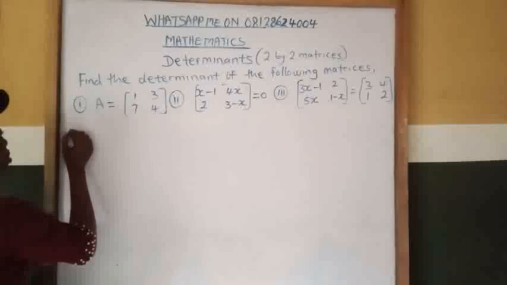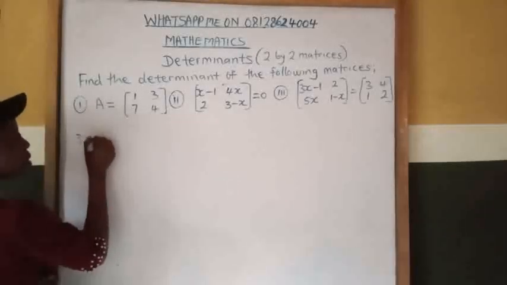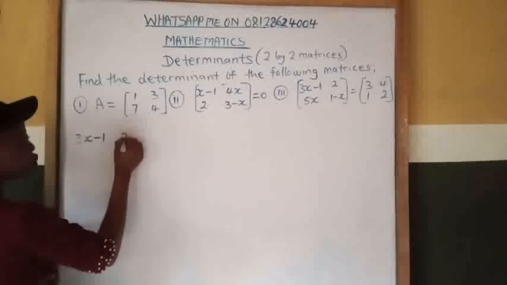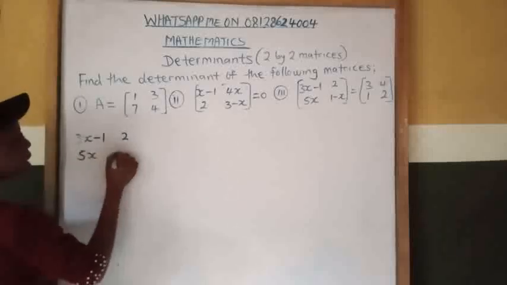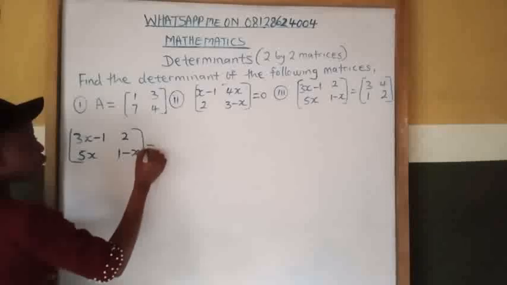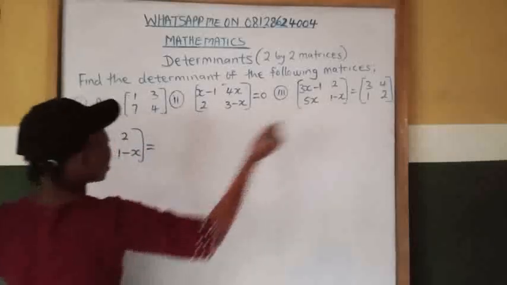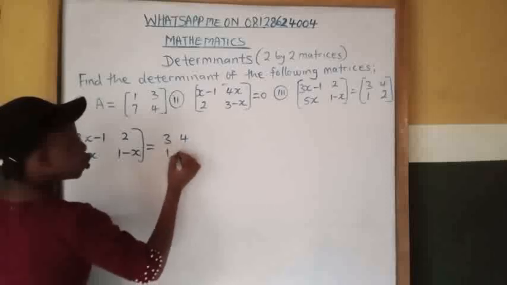So our matrix, the first column consists of 3x minus 1 and 2. Then the second column we have 5x and 1 minus x, equal to, the matrix on the right hand side, we have 3, 4 and 1, 2.